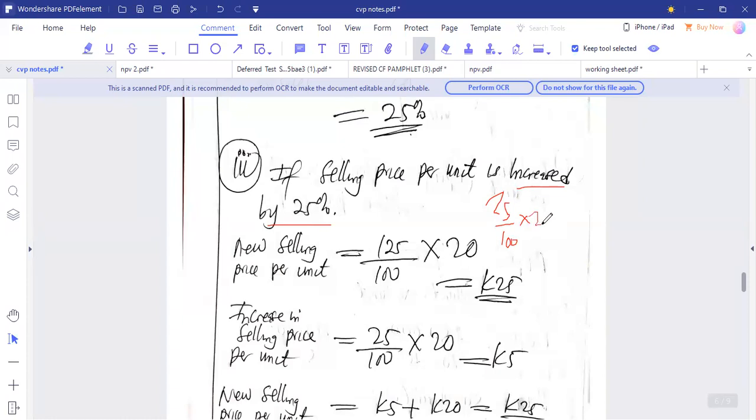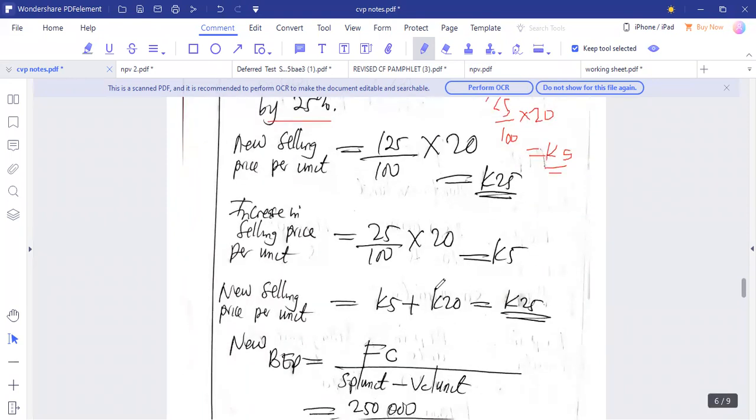So 0.25 times 20 is 5 kwacha. So the increase is 5, and the new selling price will be the increase of 5 plus the old price, giving us 25 kwacha.